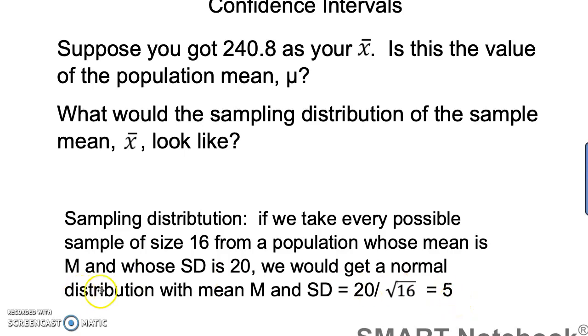Now, why can I say that this is normal? Because my population was normal to start with, right? I took these numbers out of a normal distribution. So I took 16 numbers and I found their mean. So the sampling distribution of the sample means would have a standard deviation of 20 divided by the square root of 16, which is my sample size, which is 20 divided by 4, or 5.